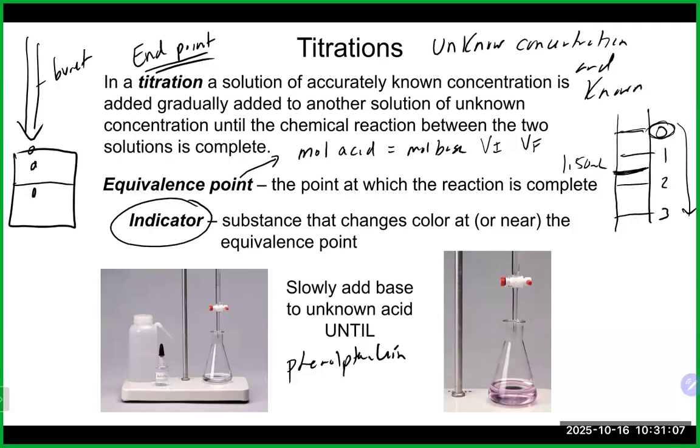So phenolphthalein and all indicators actually work over a pH range. Something like phenolphthalein works at a pH of about 8.3 to 10. At 8.3, it is colorless and gradually becomes pink to super pink to fuchsia, my favorite color, dark, dark pink, along the way when you're doing titrations.